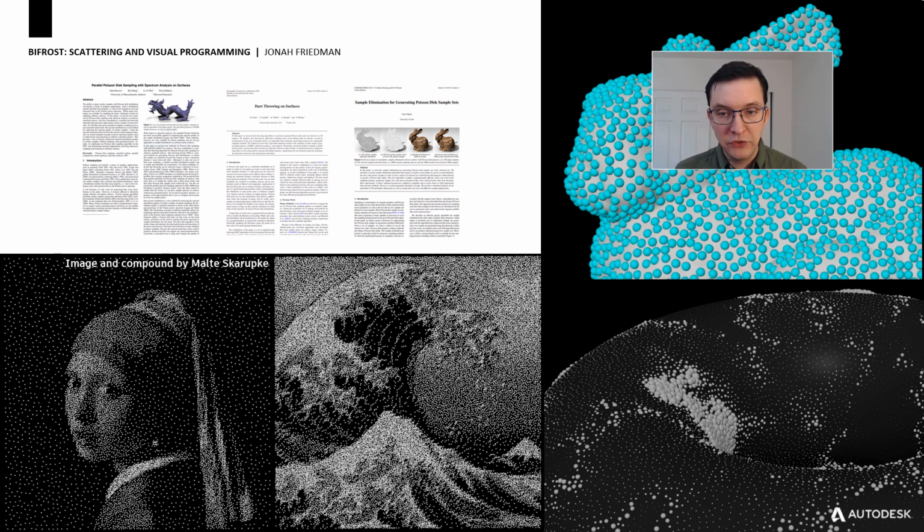And then there's sample elimination, which is kind of a clever sorting algorithm that removes samples based on weights. The two famous paintings over there in the corner are blue noise driven by weights. So you can see how well the blue noise is creating point packing that is really recreating these images well.